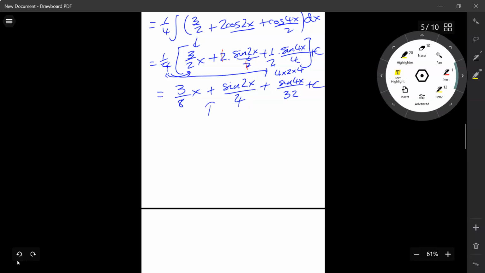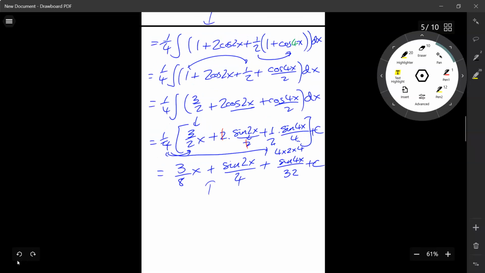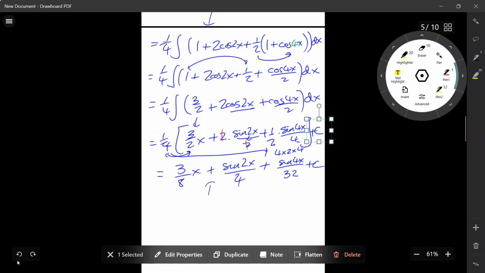Yeah, basically, when you applied the rule here, it's a half. See the half here? A half times 1 plus cosine 4x. So I bring that 2 underneath, and that's where the 2 is coming from. Because from the rule, it's a half times 1 plus cosine 4x. So that's where the 2 here comes from. And then when I integrate it, the integral of cosine 4x is sine 4x over 4.